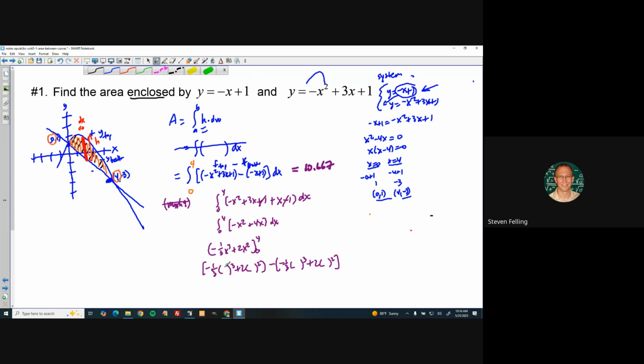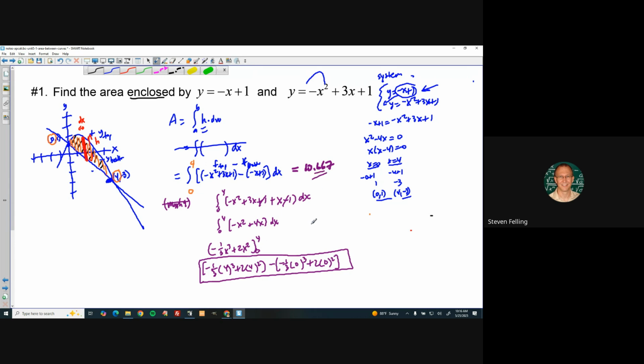And then we'll plug in the 4 here and the 0 here. Okay. If you integrate by hand, don't waste any time simplifying, because if you do simplify, then they have to take points off and they will count this as correct.